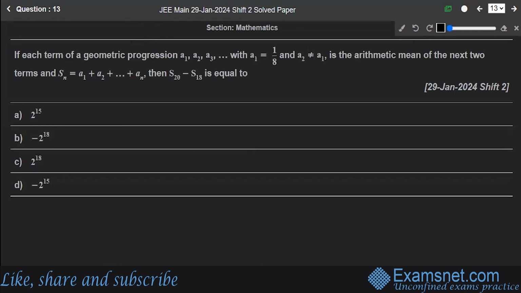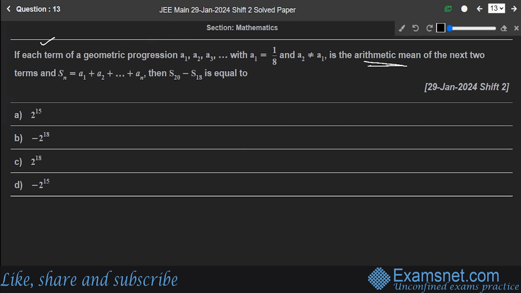Question number 13, if each term of this geometric progression A1, A2, A3, and so on, with the first term as 1 by 8 and A2 is not equal to A1, is the arithmetic mean of the next two terms? Okay, I'll just read this later. First of all, let's discuss what has been said till this part. You have said that each term is the arithmetic mean of the next two terms.